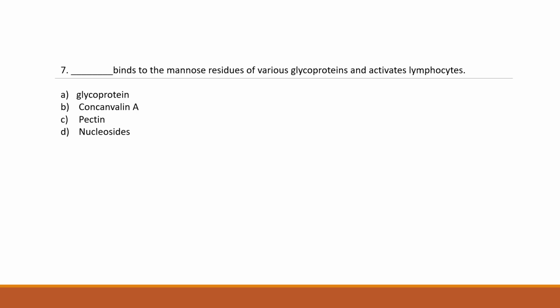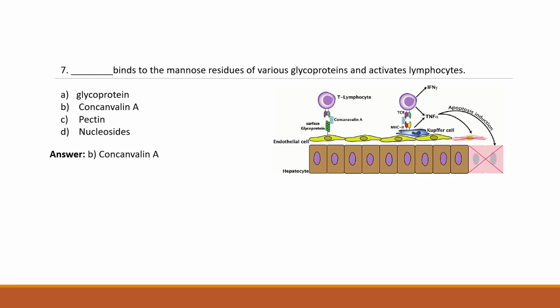Anybody? Come on, speak up. I'm not going to move until you guys speak up. Option B. B for ball. Yes, ma'am. Concanavalin. Yes, very good. So the answer is option B, concanavalin.